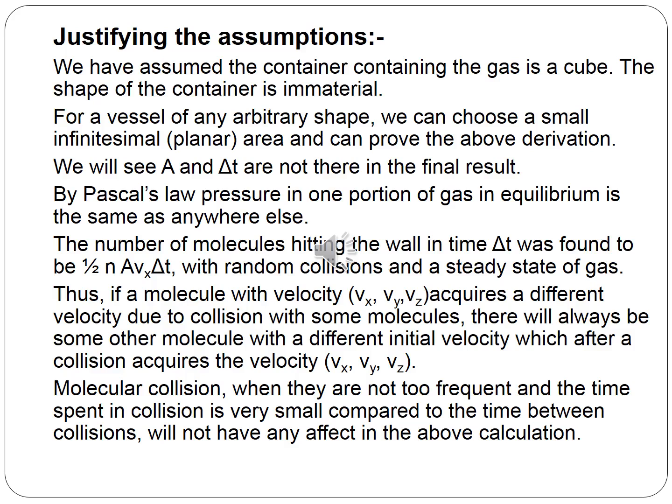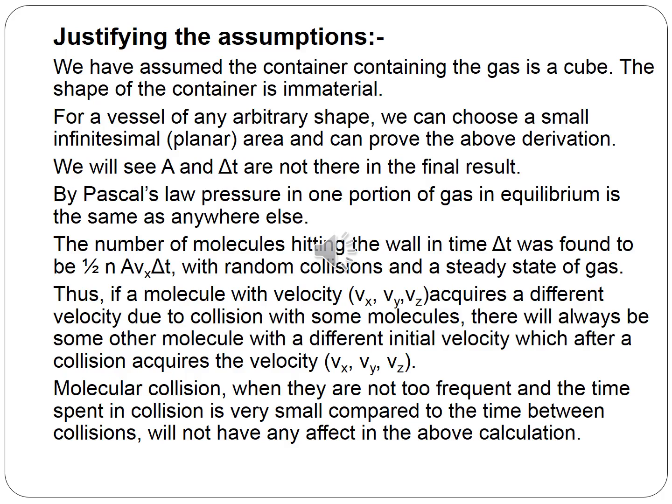Here, the shape of the container is not important because the factor A is not found in the final result or the expression for the pressure P. For a vessel of any arbitrary shape, we can choose a small infinitesimal planar area and can prove the above derivation. We will see that A and delta t are not there in the final result.